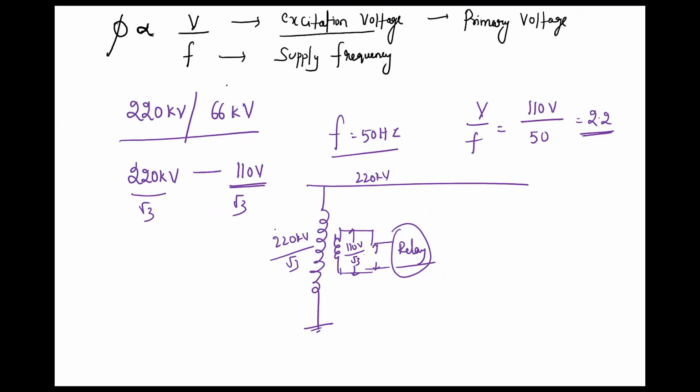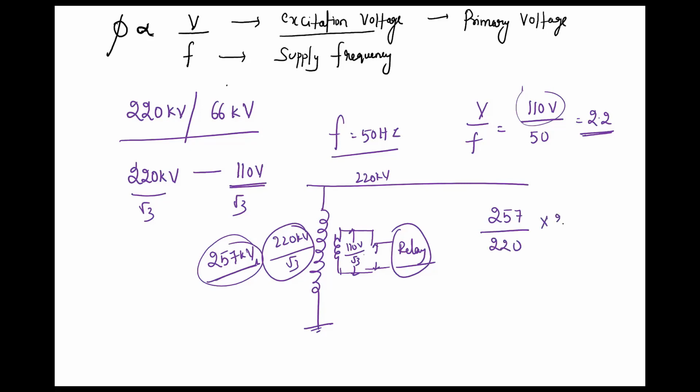Suppose your voltage increases to say 257 kV because of some fault. Then this value also increases approximately: 257 divided by 220 into 2.2. This V by F ratio will become higher. If it exceeds 2.42, that is 120% of the V by F ratio, then we will give the tripping command.